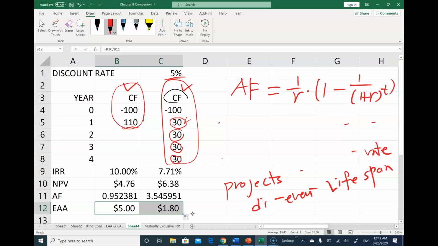Okay, so under that assumption, when we do the calculation, we find out that the short-term project is actually a better project. Okay, so hope this helps you understand the difference between internal rate of return, net present value, and the EAA.